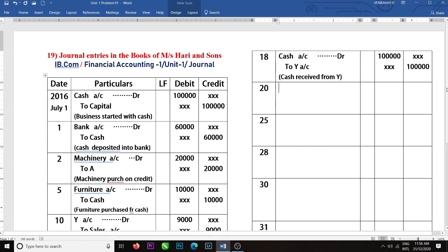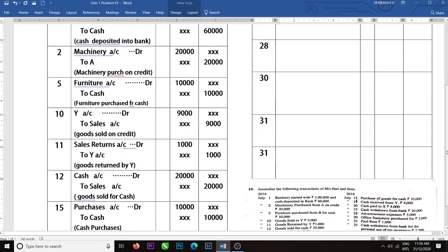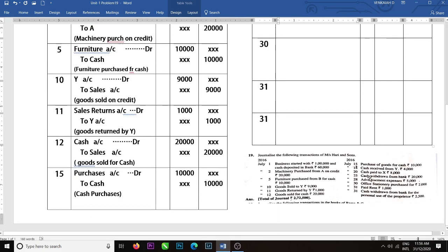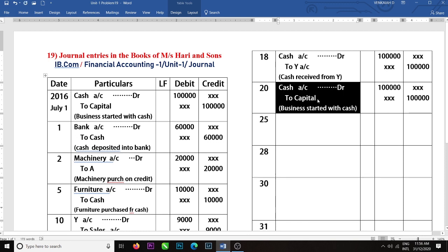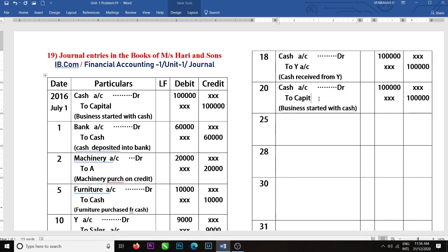Next, 20th date: cash paid to X. What did we pay? Cash. Cash is which type of account? Real account. Is cash going out or coming in?